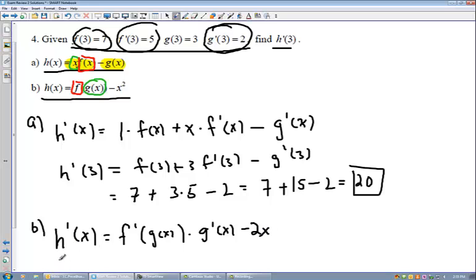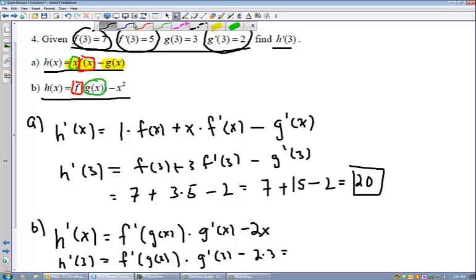Now all I have to do is plug in 3, so h prime of 3 is equal to f prime of g of 3 times, and wherever I see an x I put a 3, g prime of 3 minus 2 times 3. And so that's equal to, and let's change colors here so it becomes clear, I need to find g of 3. So g of 3 is just the number 3.